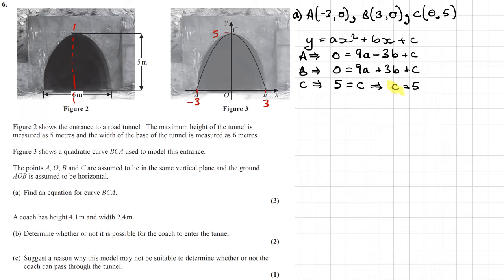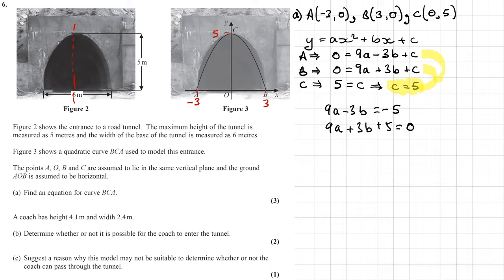So there we go, straight away I've got the value of c is 5. Now I can use this value of c and put it into both of the previous equations. So that will give me 9a minus 3b plus 5 is equal to 0. And I'm going to move that to the other side and write it equal to -5. Then I've got 9a plus 3b plus 5 is 0.